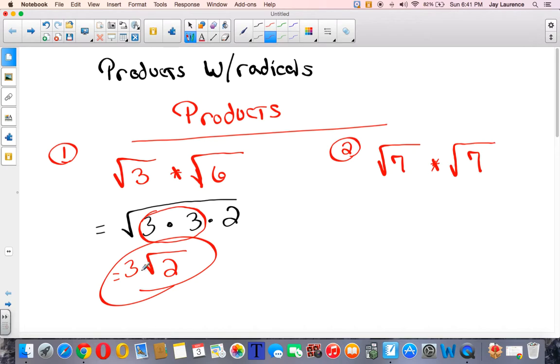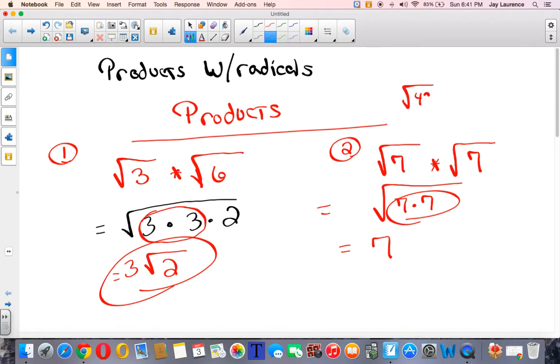is 3 rad 2. Okay, now number 2 should be real simple because rad 7 times rad 7 would be the same as rad 7 times 7, which is just plain old 7 because the 7s leave the house and there's nobody left inside. Now, some of you might be thinking, oh, well, isn't it rad 49?